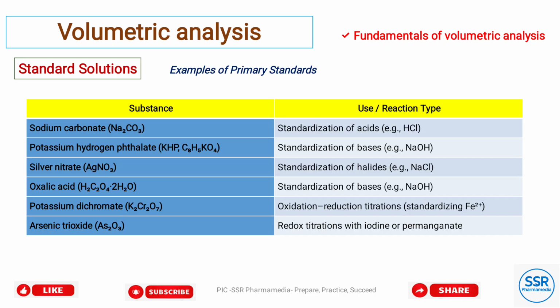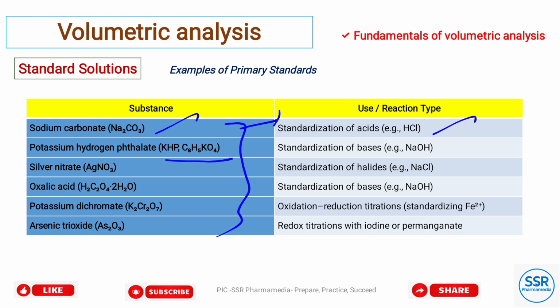In volumetric analysis, you see the examples of primary standards and how they are used in titration. For example, sodium bicarbonate is a primary standard substance, prepared as a solution, and it is used for standardizing acids like hydrochloric acid.